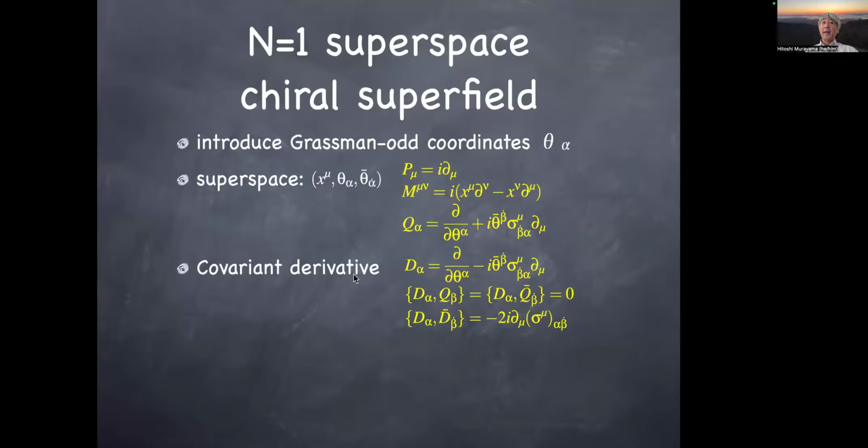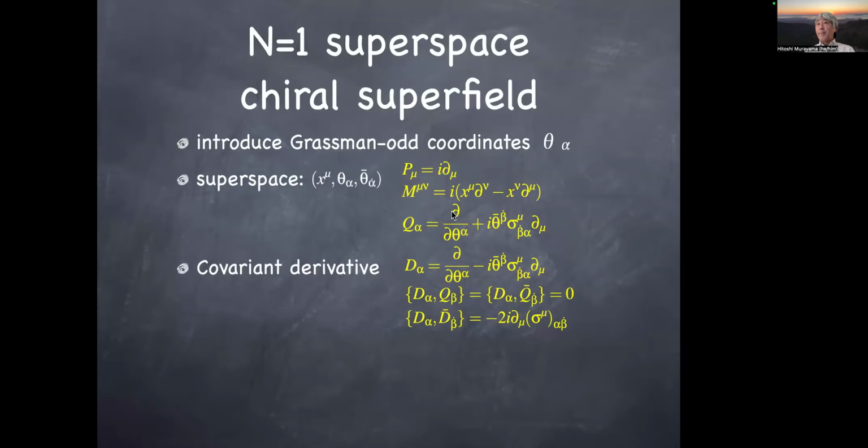In the same way, when you write down your Lagrangian, which contains derivatives to give you the kinetic terms, derivatives should be written in a way that is consistent with the supersymmetry transformation.